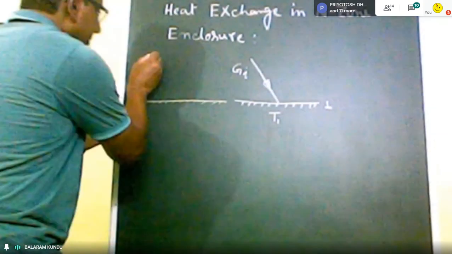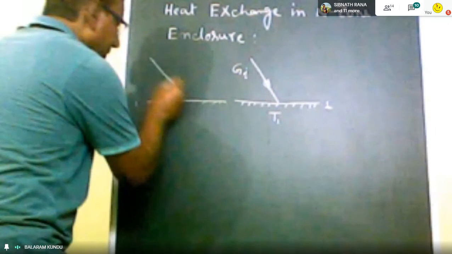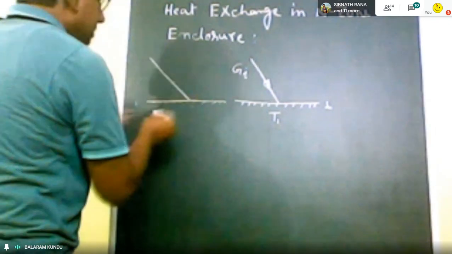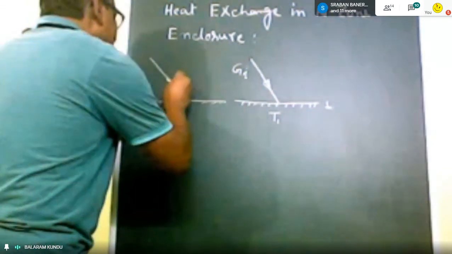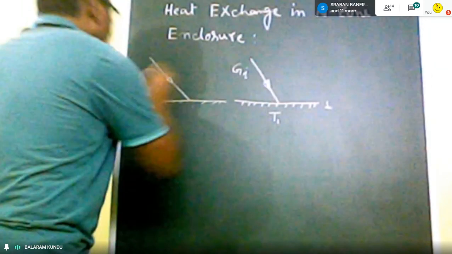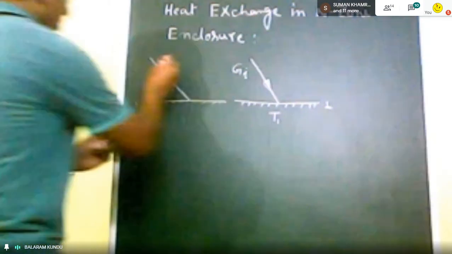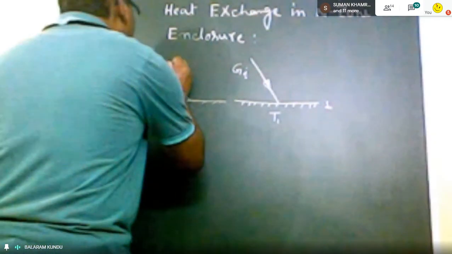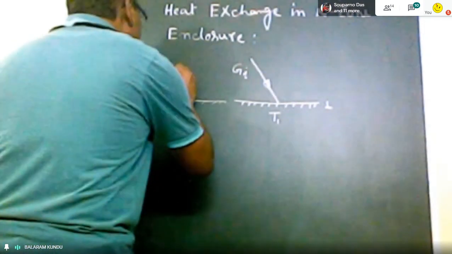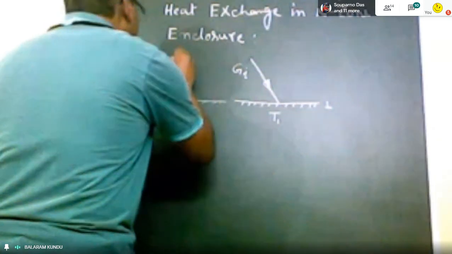This incident flux is called the spectral incident flux, and it can be denoted by Gi superscript lambda.